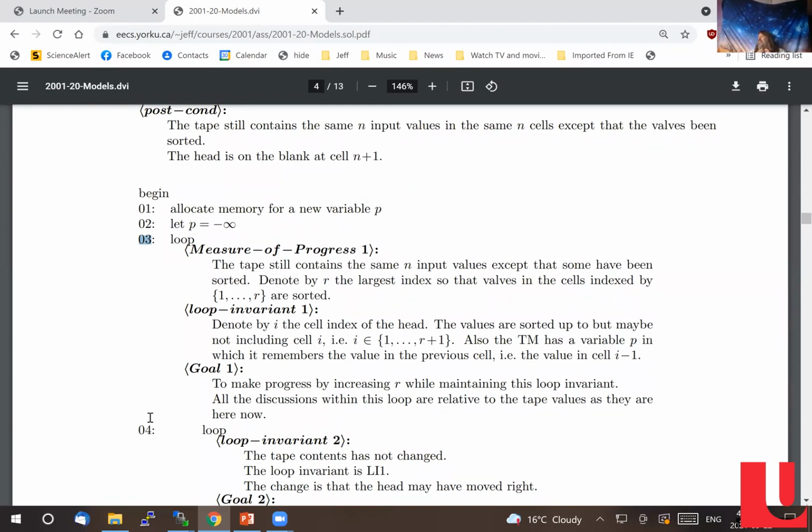It knows what state it's in, but it doesn't know the contents of the tape other than where the head is. And so it can keep moving as long as it has enough information. But when the head moves, it then learns something new about the tape, about life. It learns the character at that cell. So going from line 3 to line 4, the head didn't move. I didn't learn anything.